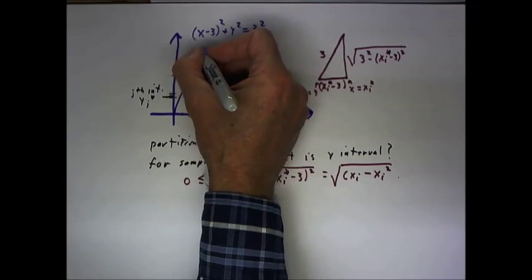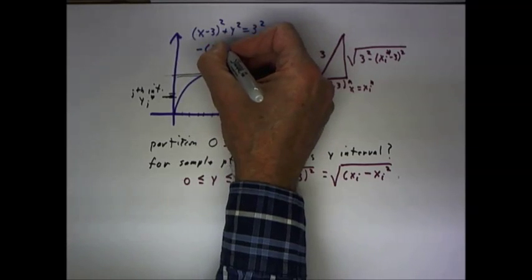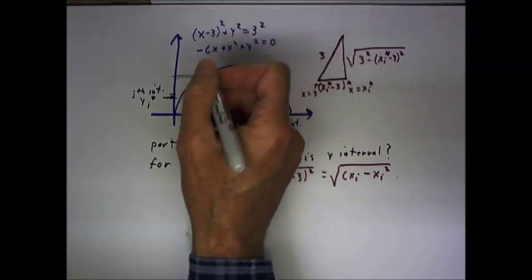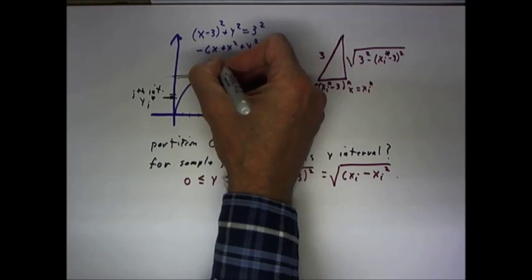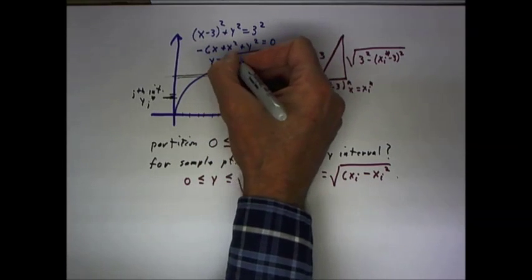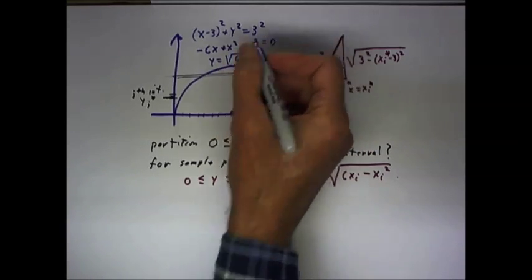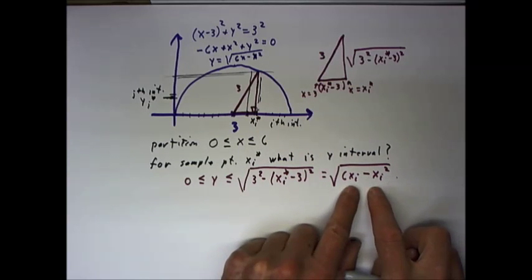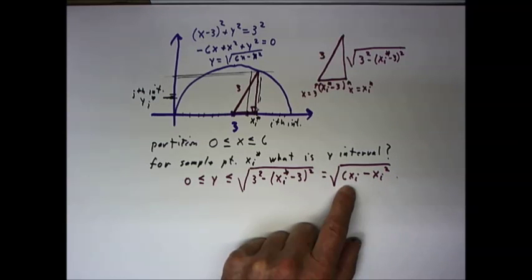We end up with negative 6x plus x squared plus y squared equals 0. And if we solve for y, again, we get y equals the square root of 6x minus x squared, so that if our x coordinate is xi star, we immediately get this limit on our y values.